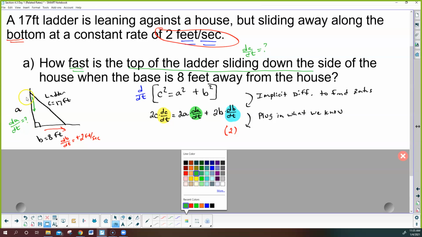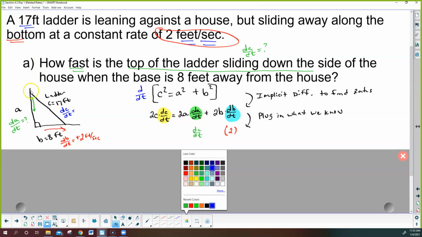You should know your answer already is getting smaller, which means this rate should be decreasing. So I should know that this answer should be negative. But I'm just going to leave da/dt as is. And here's the tricky spot. dc/dt, right? The rate at which the ladder is changing. Wait a minute. How long is the ladder?